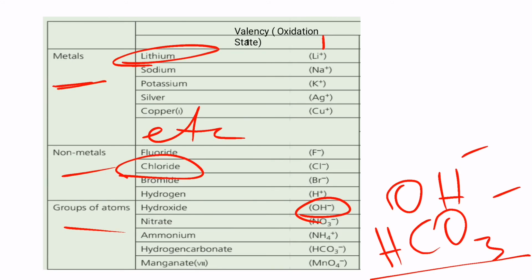So here let's take copper, copper fluoride, or no, let's take copper nitrate. So you see here we have copper, which is copper 1. So we want to write the formula of copper 1 nitrate. So we have copper 1 nitrate.